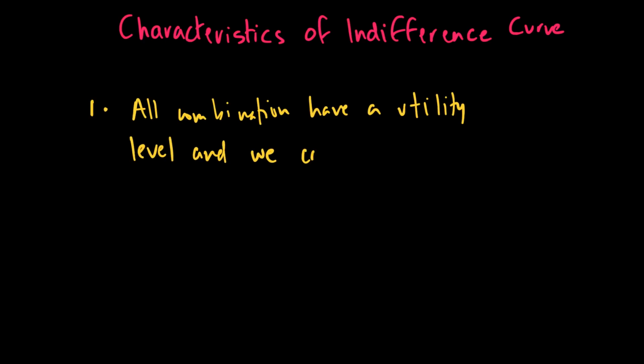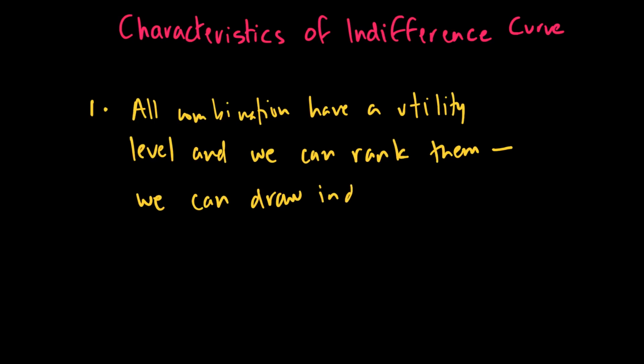The ability to rank different combinations means we can draw indifference curves. If I tell you that there is no way we can figure out the ranking of combinations, then this means we cannot draw indifference curves. So the fact that we can rank combinations is the reason why we can draw indifference curves.